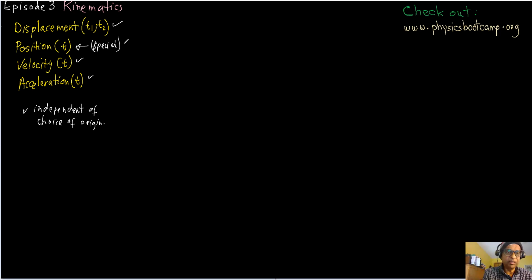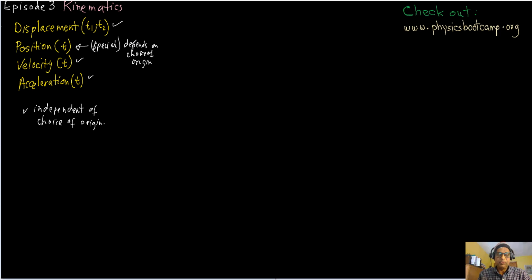But position depends on the choice of origin. It is also a vector, but with that caveat. So somehow we can distinguish them.